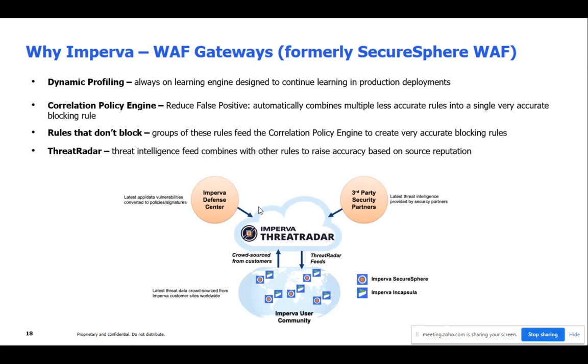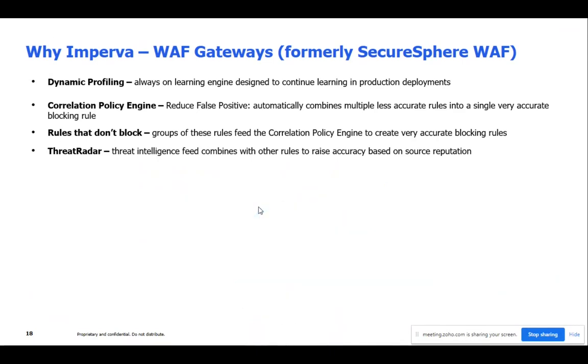We have our own Imperva Defense Center. We also have third-party partners who share threat intelligence and threat feeds with us. And of course, we also take specific event data from different Imperva customers all over the world.